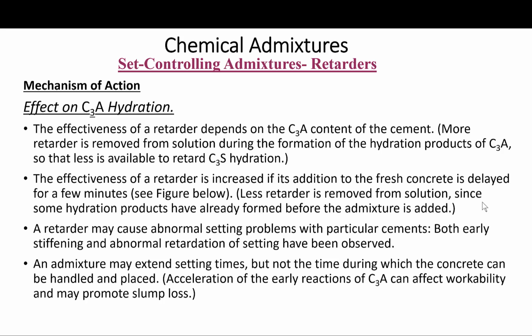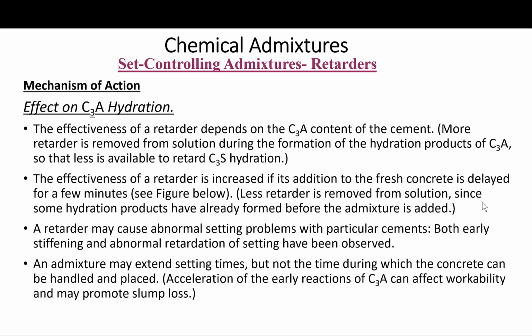But the interaction between C3A and a retarder is quite complex. And in some cases, the early reactions may be accelerated even though overall hydration is retarded. So an admixture may also be absorbed into the early C3A hydration products while they are being formed.